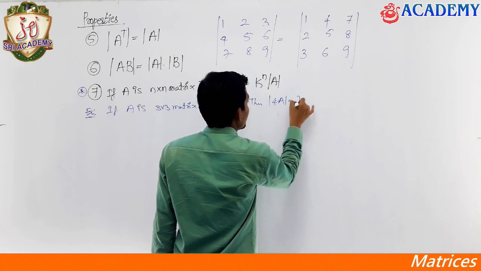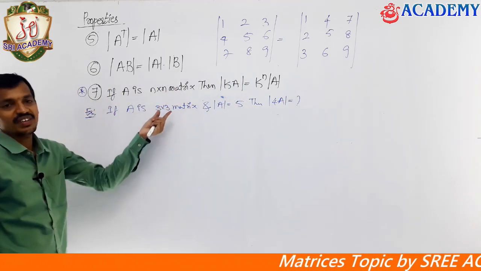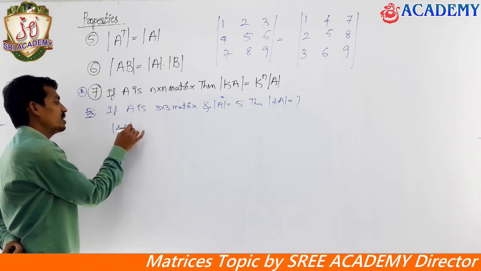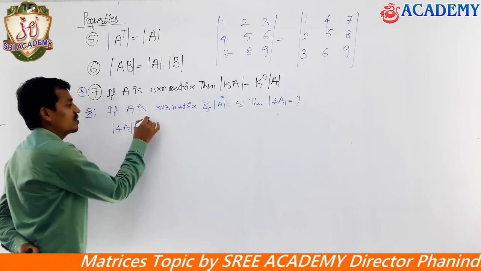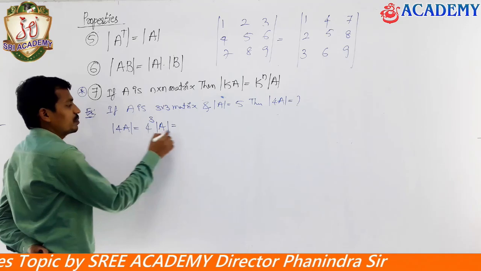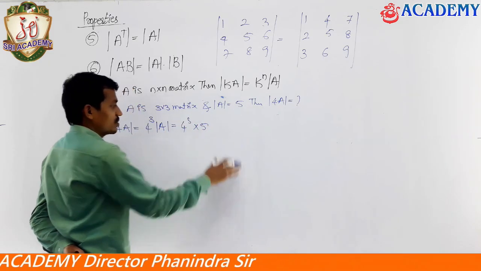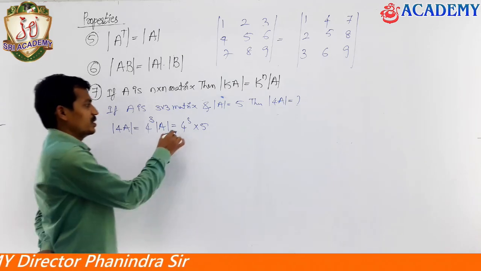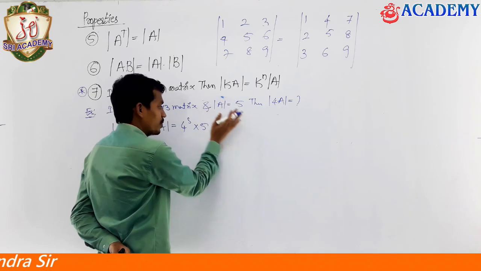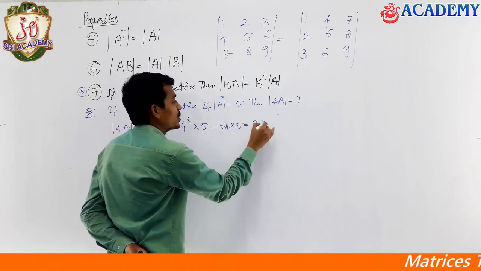If you are asked this question, knowing the determinant of A, we can say the determinant of KA directly. That is, the determinant of 4A equals 4 power n, where n is 3, into the determinant of A. Simply 4 power 3 into 5 is going to be our answer. 4 fours are 16, 16 fours are 64, 64 into 5 is 320.